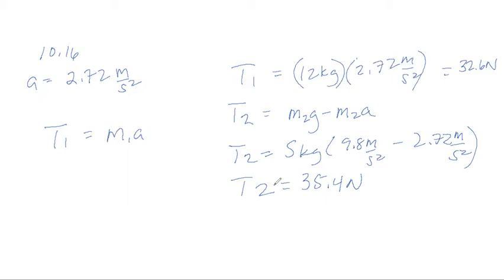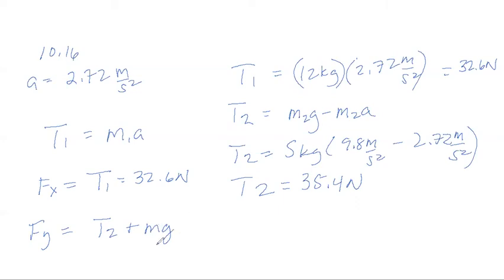And then the horizontal and vertical components of the force that the axle exerts on the pulley. As far as the horizontal and vertical components of the forces on the pulley, Fx is going to equal the horizontal tension T1, which is 32.6 newtons. And Fy is going to be equal to T2 plus mg, right? That's going to be pulling on that axle.